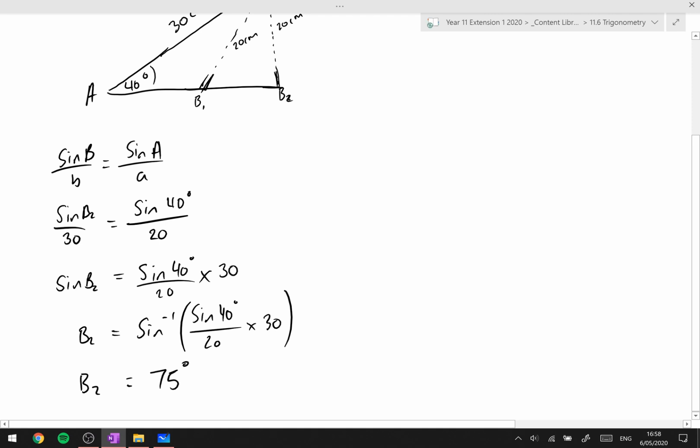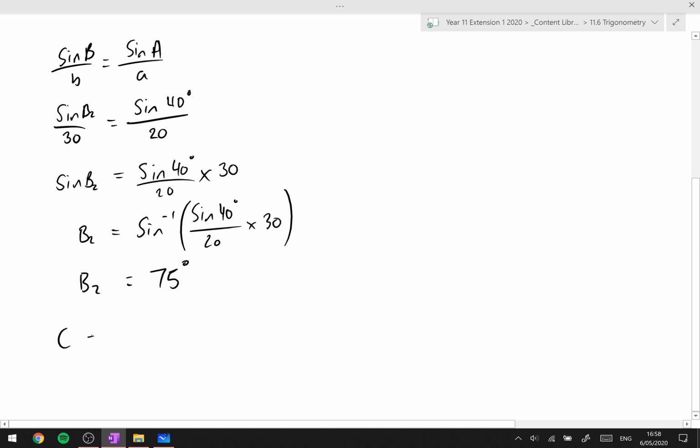So if B2 is equal to 75 degrees, then what's C going to be equal to? To do that, we're just going to do 180 degrees minus the 40 degrees minus the 75 degrees. So 180 minus 40 minus 75 is equal to 65 degrees.